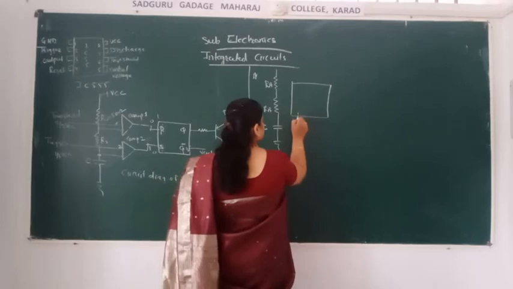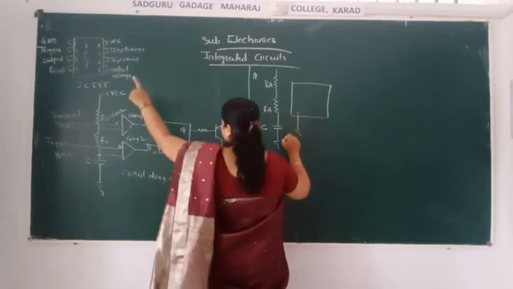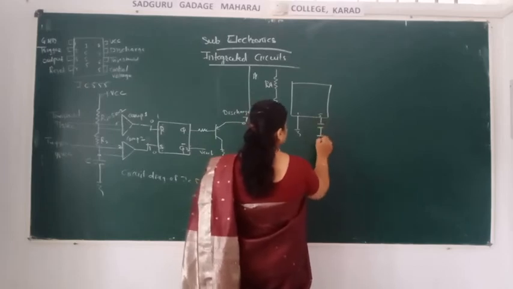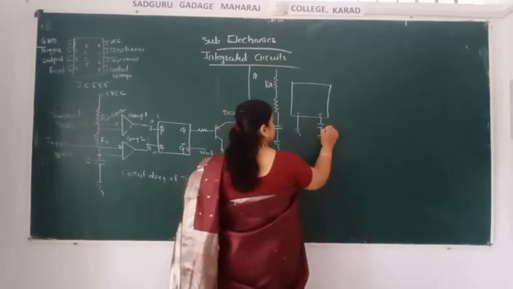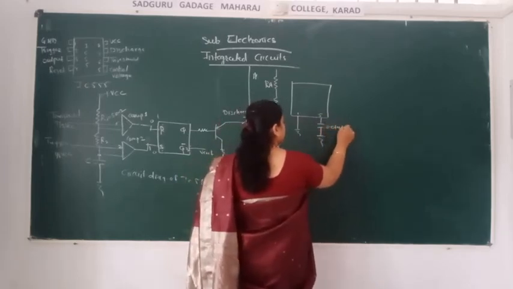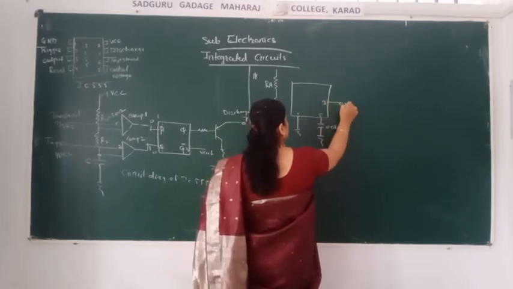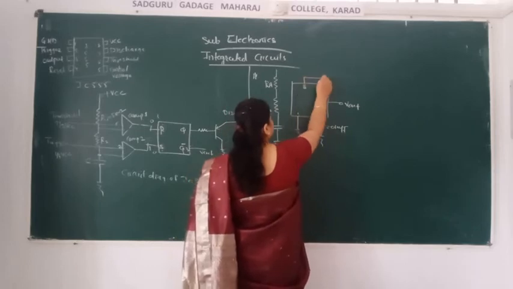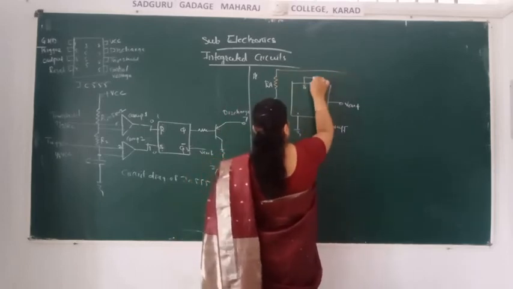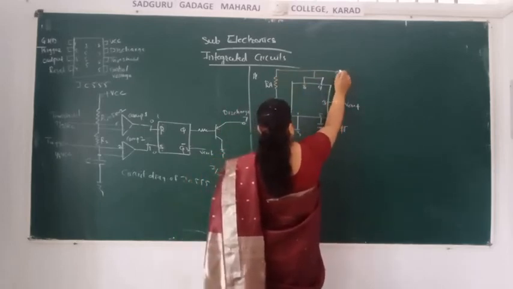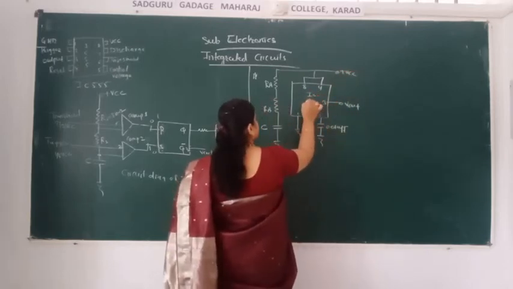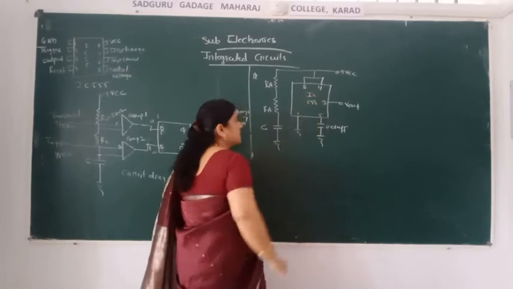Pin 1 is used for ground, pin 5 has the capacitor of 0.01 microfarad, and pin 3 is used for the output voltage. Pin 4 and 8 are common and given to the plus VCC supply. This is IC 555, main connection is here.